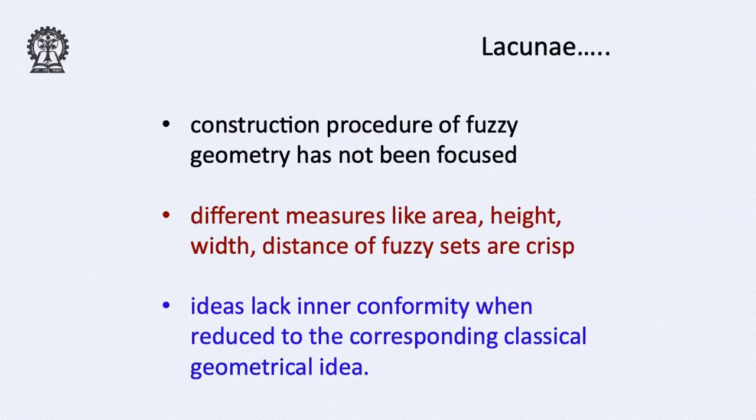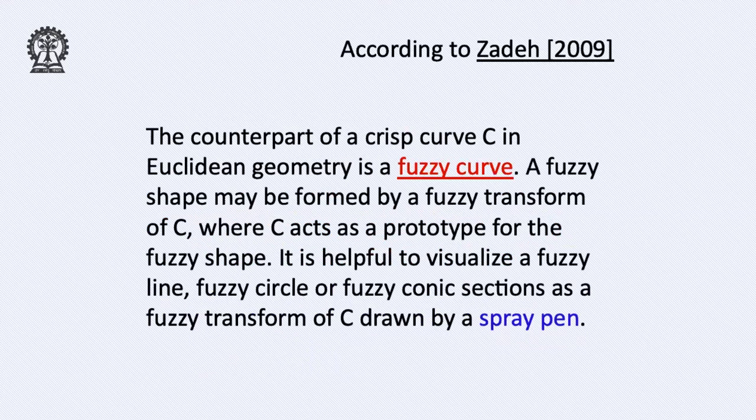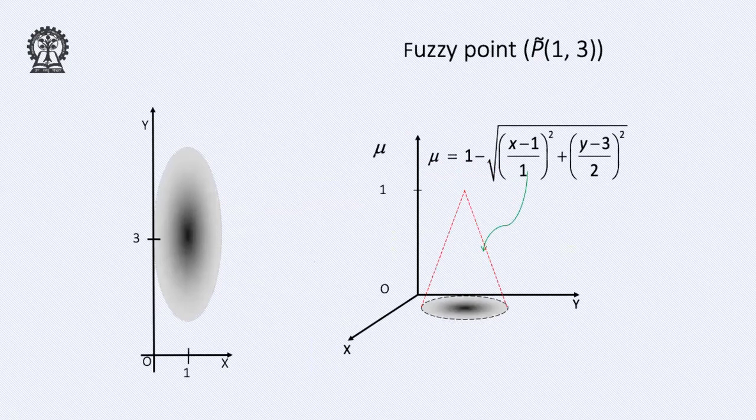You could understand if the lines are hazy, then the cross section would again be a hazy point. That's why we started thinking. As I was saying, Zadeh gave the definition of the fuzzy curve: if you draw with a spray pen, then the fuzzy transform of that curve would be the fuzzy curve. Now you see how it looks in a region.